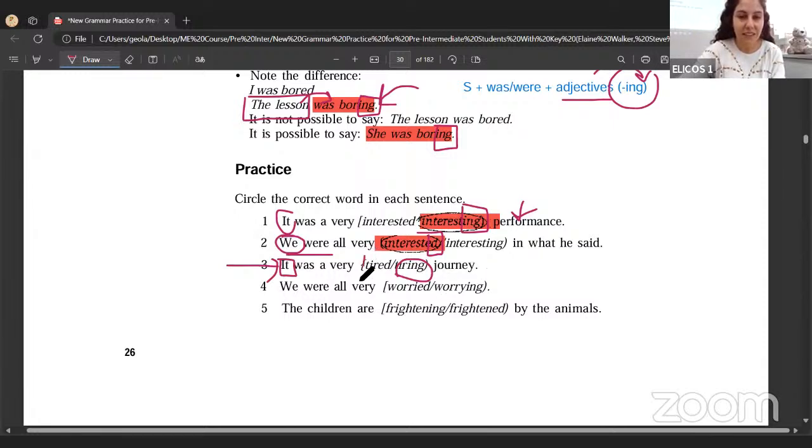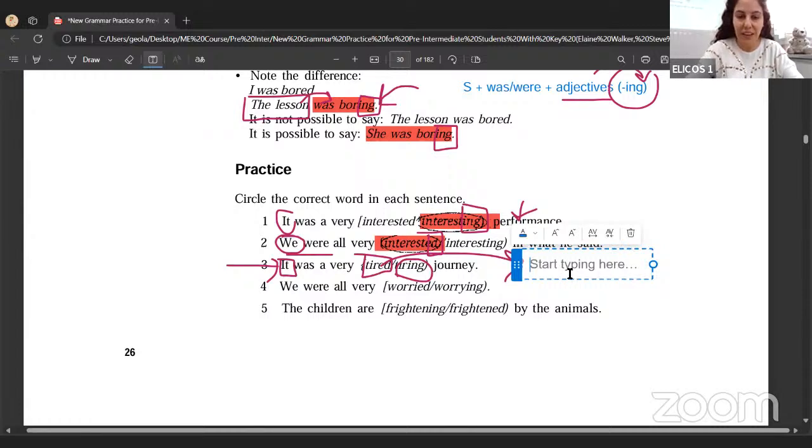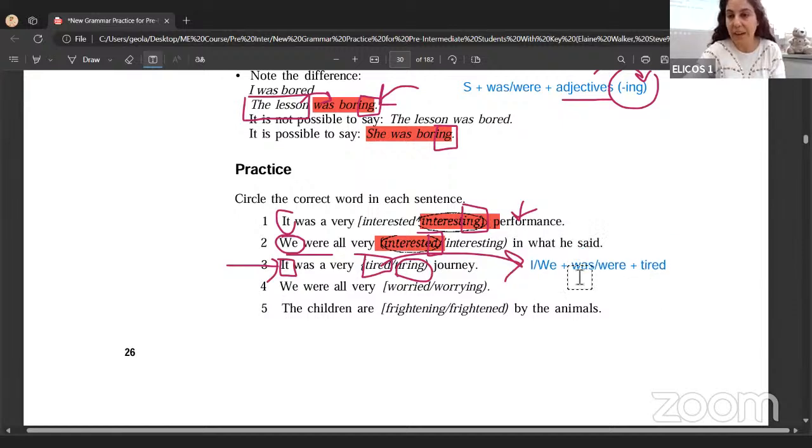Because tired is more like saying I was tired. We were tired. So when I have a subject I or we, then I can say were or was, depending on the subject. And then I could say tired. So we can still use this way, but it's with a different subject.